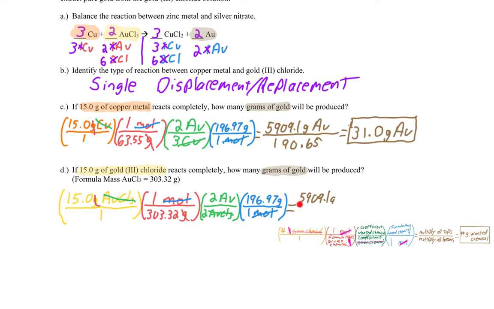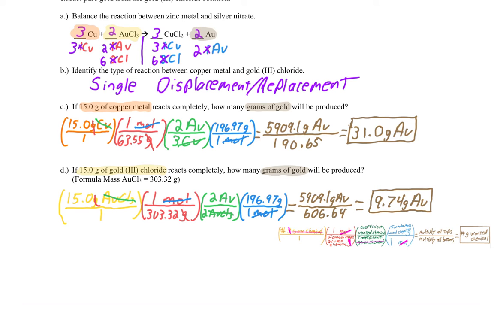I get 5,909.1 grams of gold. 1 times 303.32 times 2 times 1 gives me 606.64. 5,909.1 divided by 606.64 gives me 9.74 grams of gold.